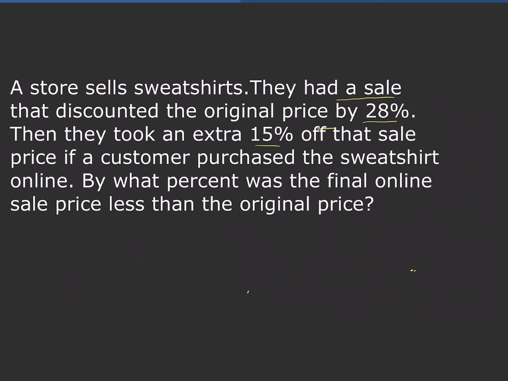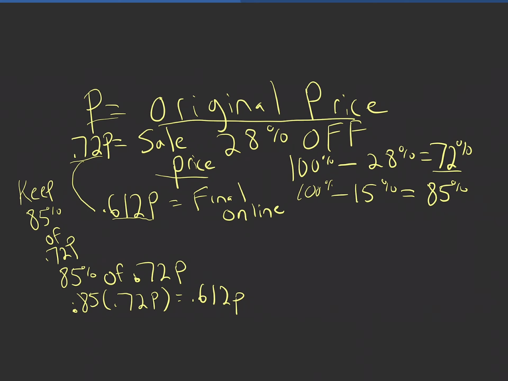Again, though, if you look at the question, they want to know by what percent the final sale price was less than the original. By what percent was this less than this? So if I want to know the percent change, the percent less than P, we use the percent change formula.